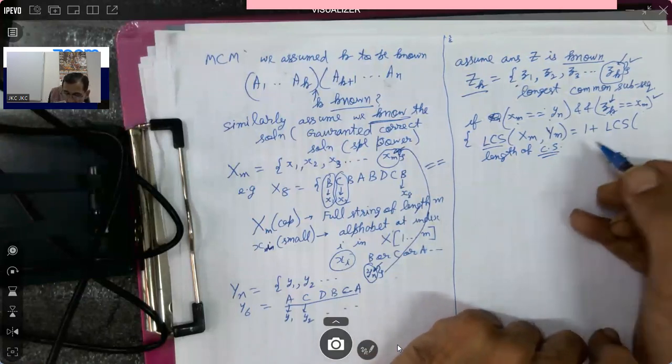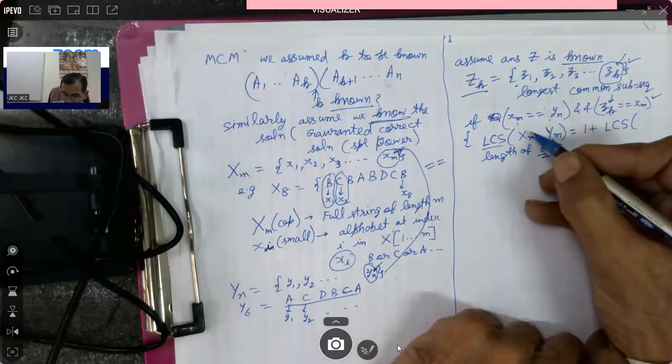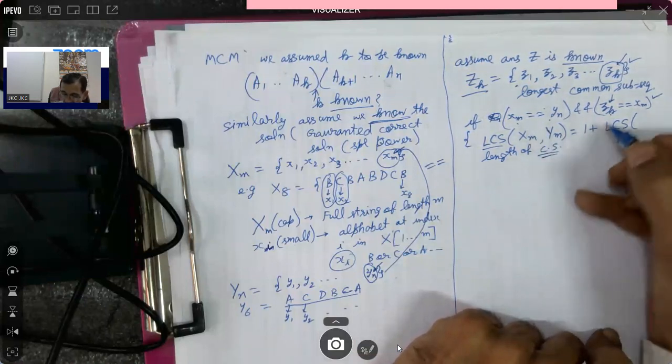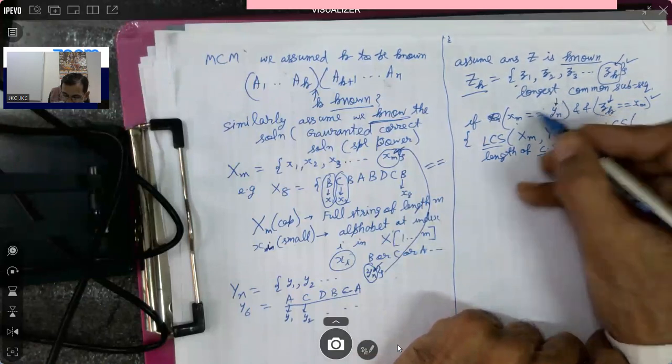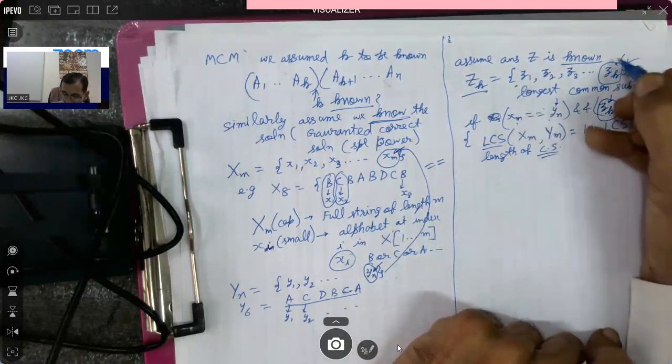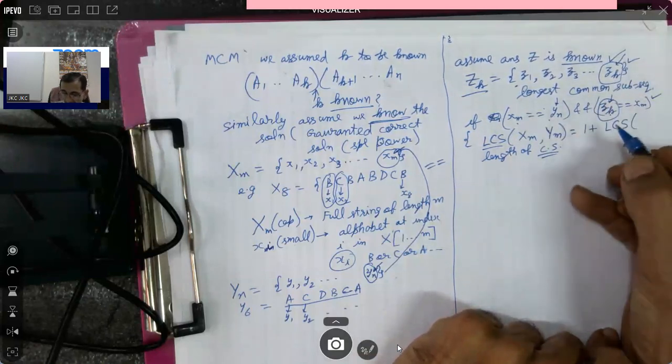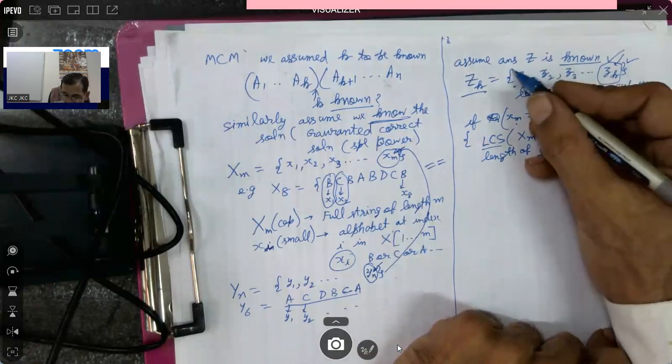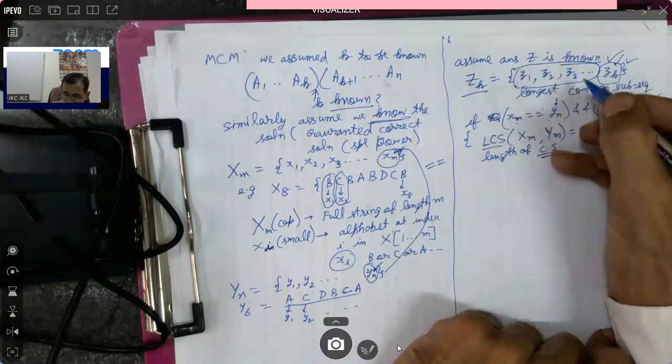So for some variables X and Y, one length is guaranteed, because these two characters, zk, are guaranteed known to us. And how to find the rest? The rest, Zk minus 1, is to be computed.